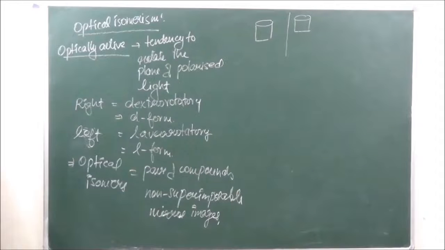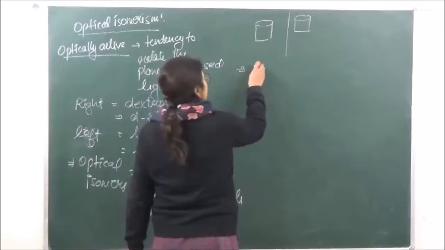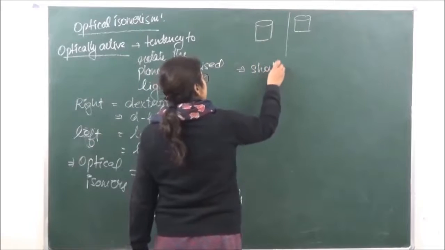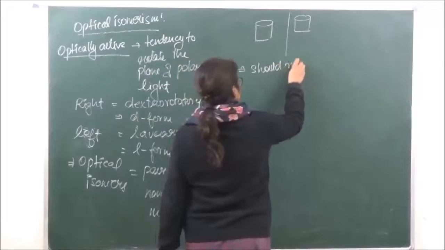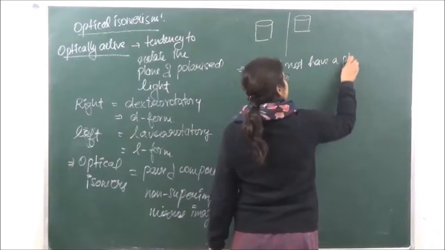The essential requirement for any optically active substance is that it should not have a plane of symmetry.